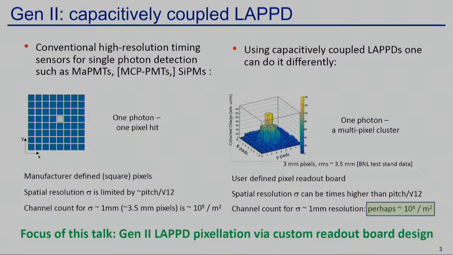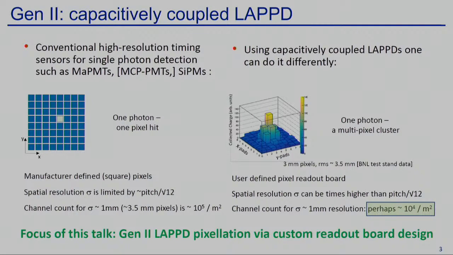Spatial resolution in this case is driven by pitch over square root 12, because the information of where inside the footprint of a particular pixel the photon hit is lost. You get a device with manufacturer-defined pixelation, and this is not what Gen 2 LAPPD is about.